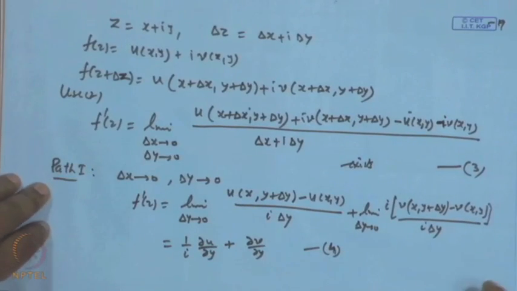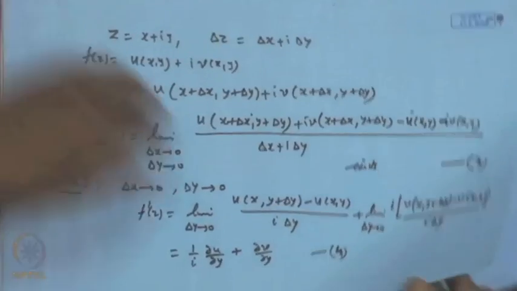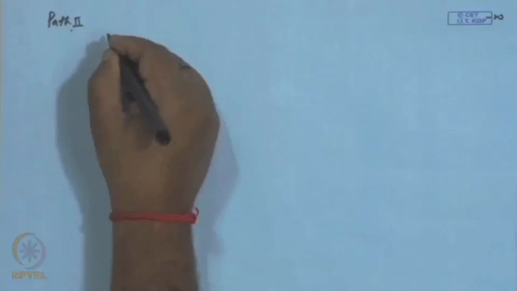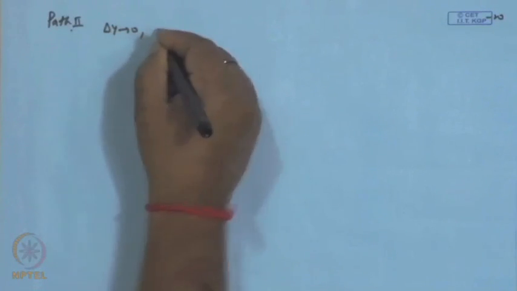Okay. Now, the second path you choose: suppose Δy goes to 0 first and Δx goes to 0 later on.